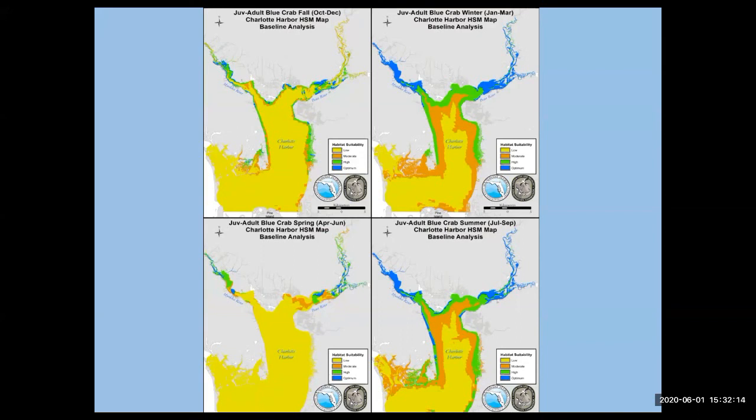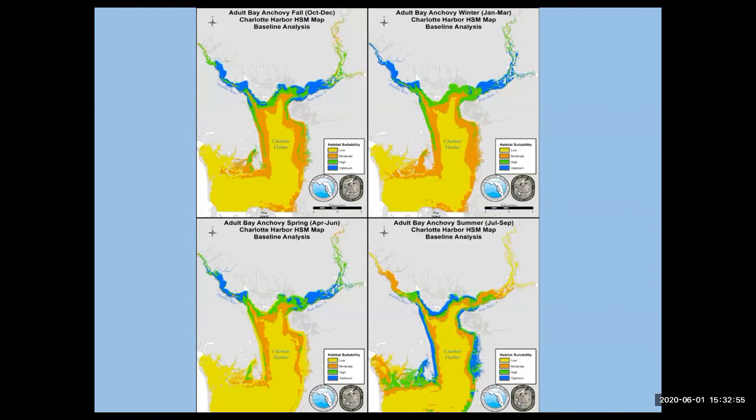So it's kind of interesting that there are 2 seasons where you have a rather high abundance and rather broad distribution of the optimum zones in blue, which is the winter and summer maps. And so part of the explanation here is that they seem to be recruiting at those 2 seasons of the year. But you can see in the bottom map for the summer that there is some expansion of the optimum zone down into northern Charlotte Harbor. Next slide.